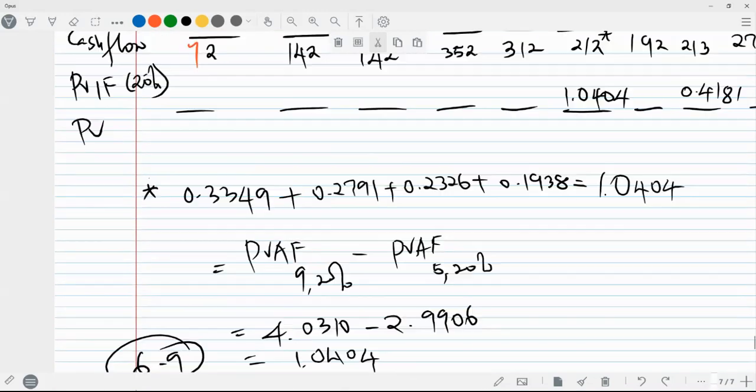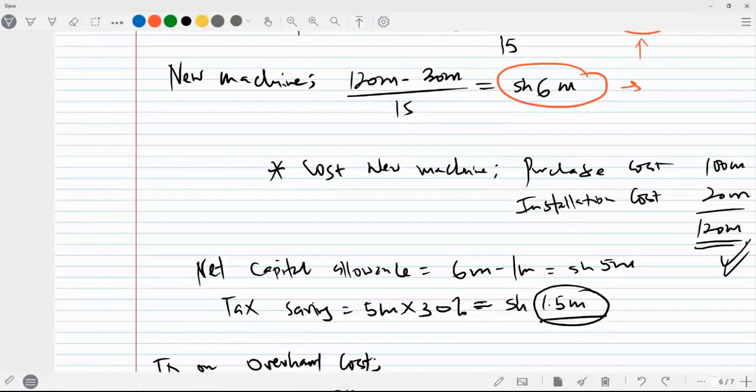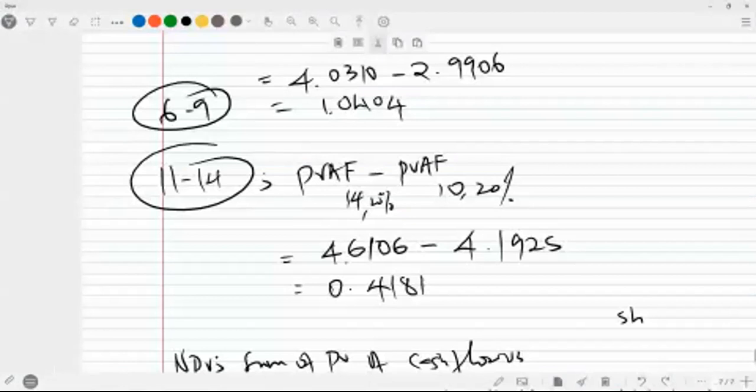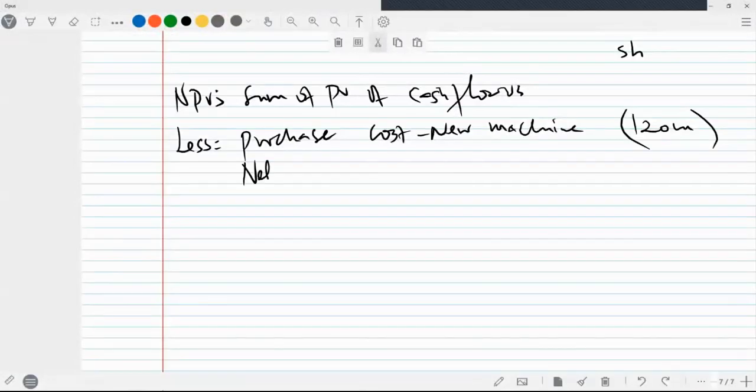Yes, here it is, 120 million. Then, of course, we less the sales proceeds, net sales proceeds from the old machine.